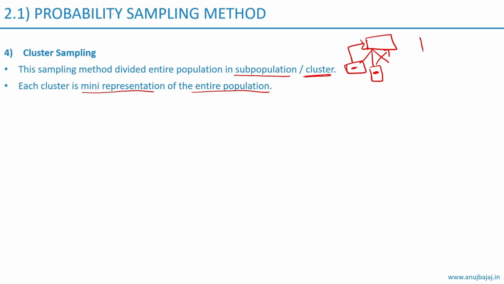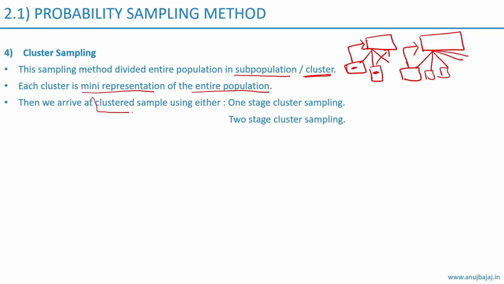But in cluster sampling, out of the entire population, we have various clusters, and each cluster is a mini representation of the entire population. After dividing the entire population into various clusters, we arrive at the clustered sample using either the one-stage cluster sampling method or the two-stage cluster sampling method.